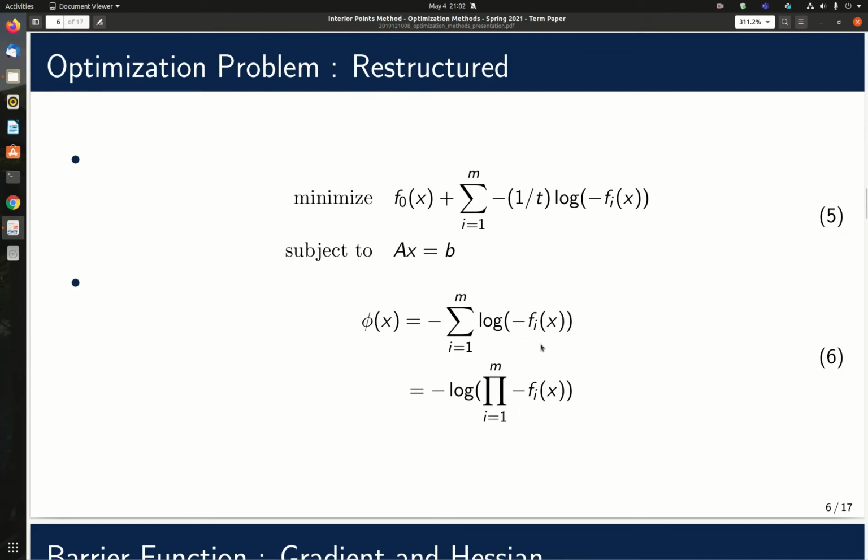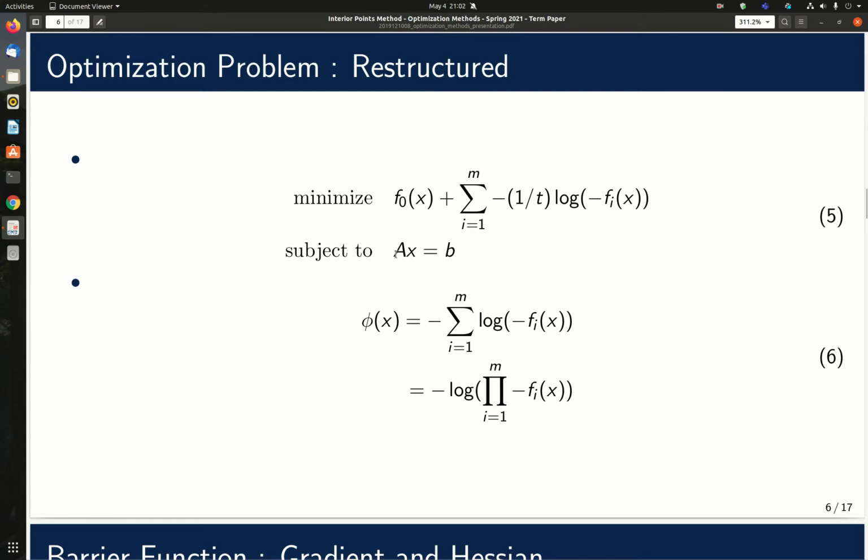Now that we have this logarithmic barrier function, let us restructure our optimization problem. We want to minimize now f naught x plus this summation of these terms, with this equality constraint.